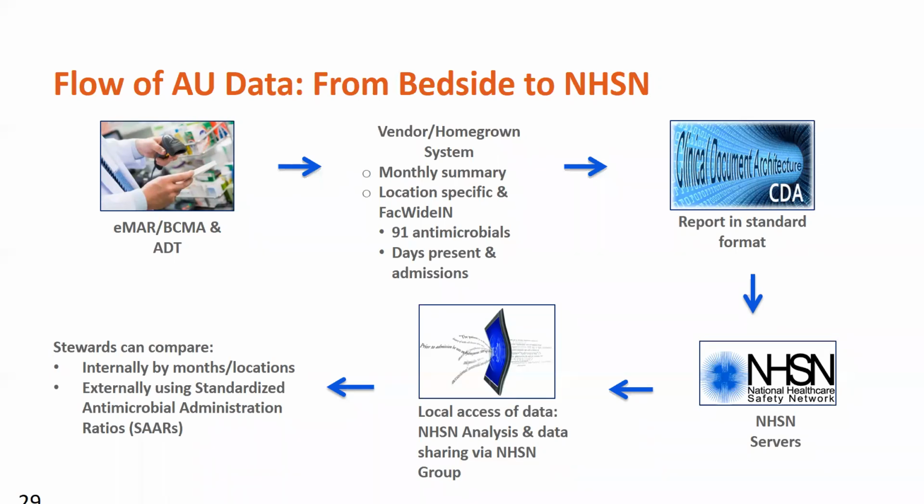Basically, that just allows other folks to see your data as well if you're wanting to share with them. And again, you can choose to not share with them. That's up to you. And then you as the stewards can compare internally, comparing months to each other or locations to each other, or externally by using our standardized antimicrobial administration ratios, or our SARs, which we'll cover in the next few slides.